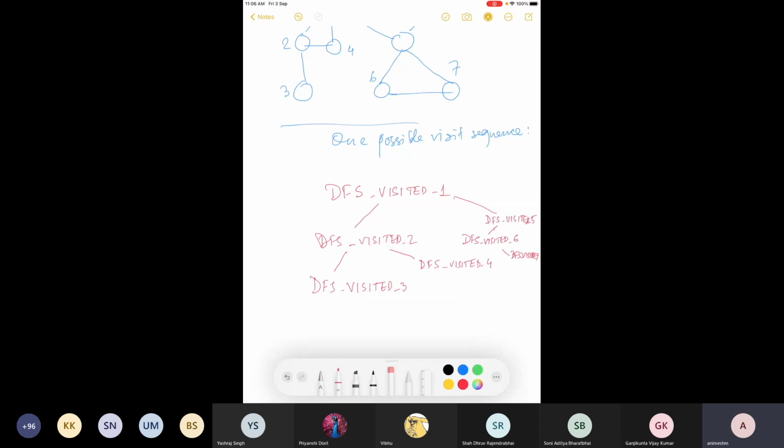Let me do it a little bit more cleanly. So this is a possible visit sequence if you follow the recursive algorithm that we had written.